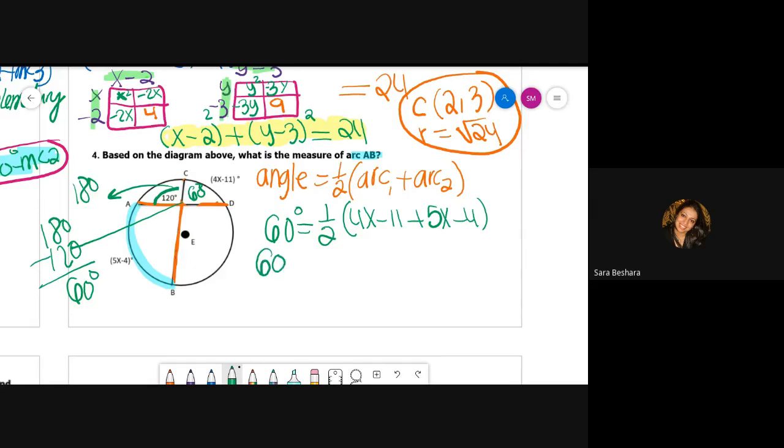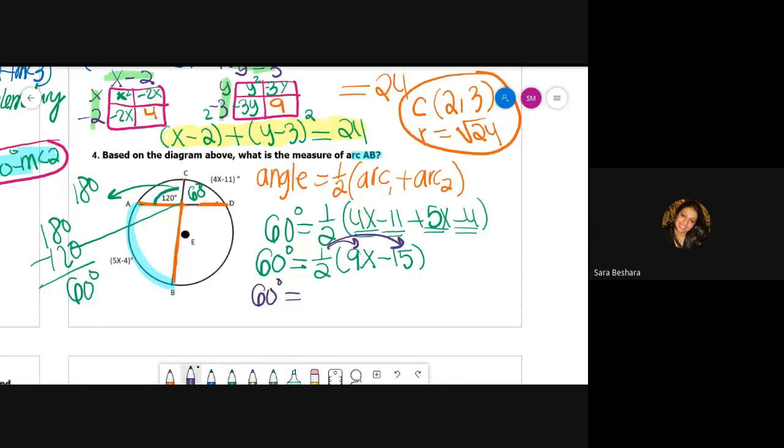All right, now 60 degrees. I would highly recommend that you first combine what's inside your parentheses before distributing the 1/2. Might make it easier. So 4 plus 5 is 9x. Negative 11 minus 4 is negative 15. Now we distribute the 1/2.